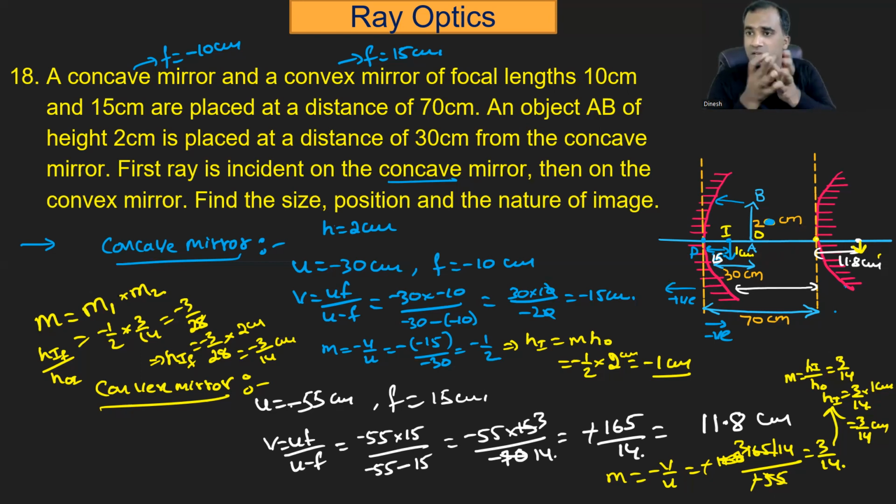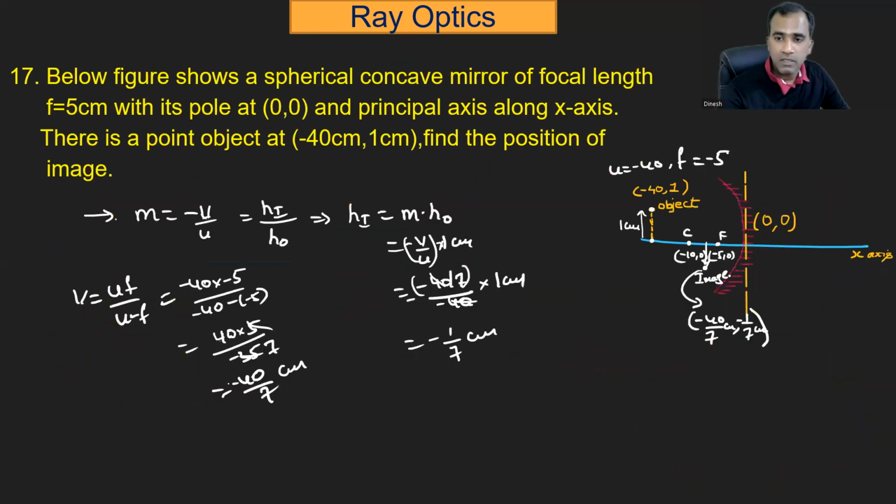Once they converge, they also diverge from that place. So they look like diverging from here, which means for this mirror, rays are coming from here. This point, this place will act as object for this mirror. Okay. Fine. So try to do it on your own once again. You'll be able to understand.